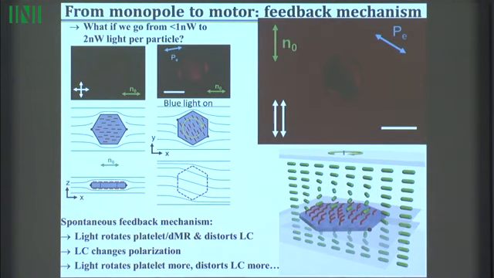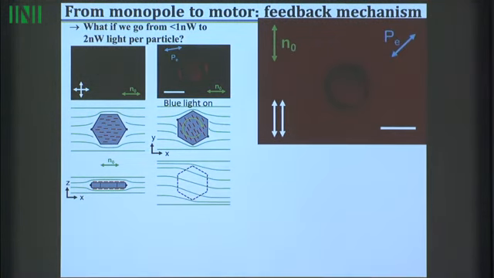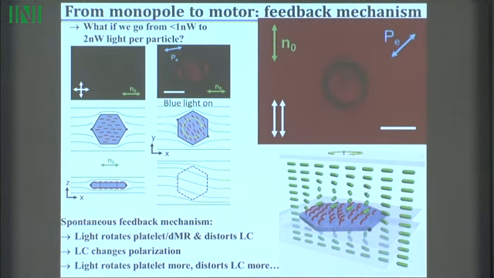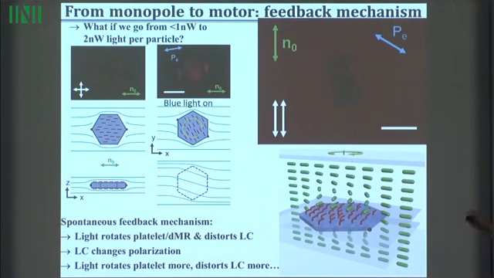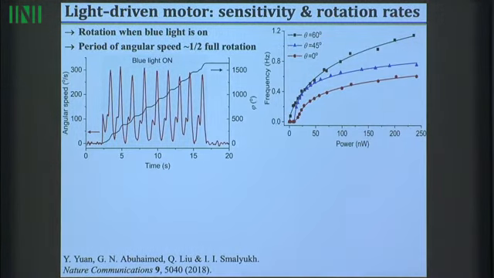And so as light of certain polarization, like this one in here, is coming in, then as it passes through, it makes the azobenzene molecules rotate, but as they rotate and torque the director as well, at some moment you have enough of director distortion to change that polarization state of light, and that causes more rotation, and under some conditions you can develop a feedback mechanism that allows you to produce this continuous spinning of the particles, right? And so that behavior is very rich.